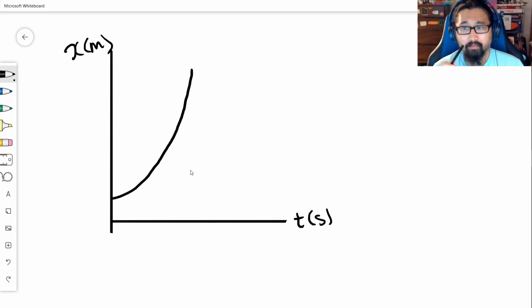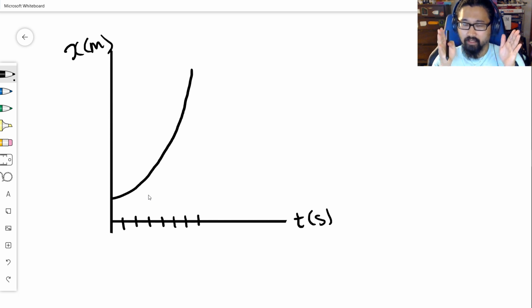But it's not moving at the same pace the whole time, because if I were to draw out little time hash marks for the motion of the object, and you look at this first section compared to the second section, compared to the third, and so on, we're covering more distance every time interval.